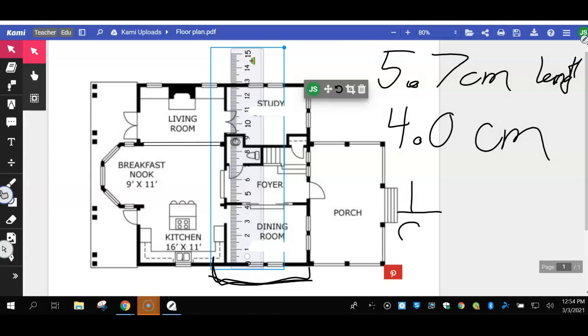Now we're going to set up our ratio of centimeters to feet, right? Do we remember how to set up a proportion when we're given one ratio? A proportion is two ratios that have a relationship to each other. So over here, what goes where?